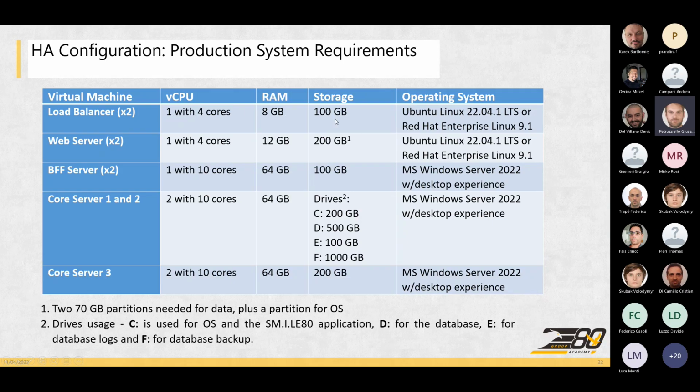Web server machines: 2 machines, Ubuntu Linux 22.04, like the basic configuration. Then core server 1 and core server 2, where SQL Server is hosted on both, and the core server 3 machine without SQL Server.